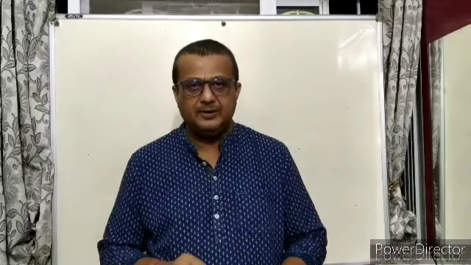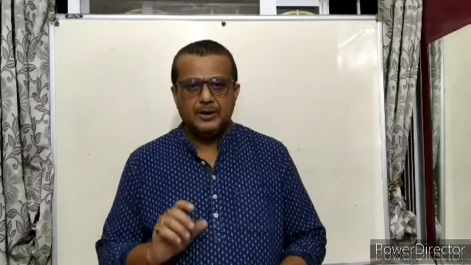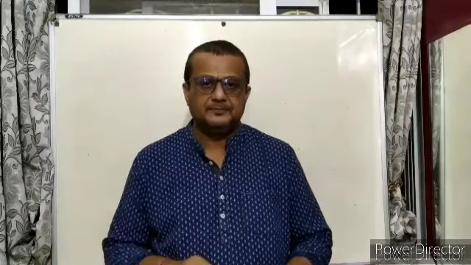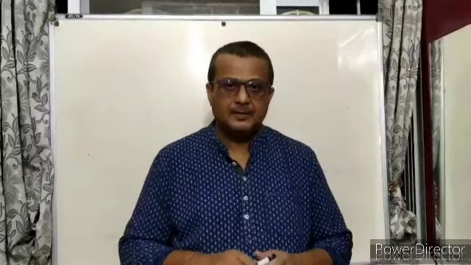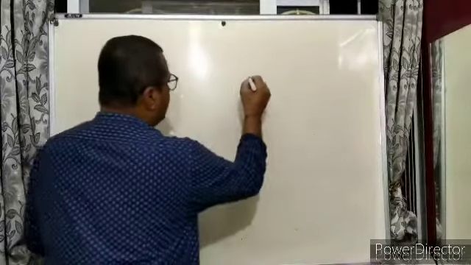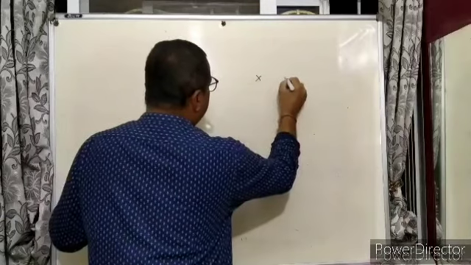In the previous class we discussed what happens when a charged particle moves in a perpendicular magnetic field: it moves circularly. This was a uniform magnetic field.